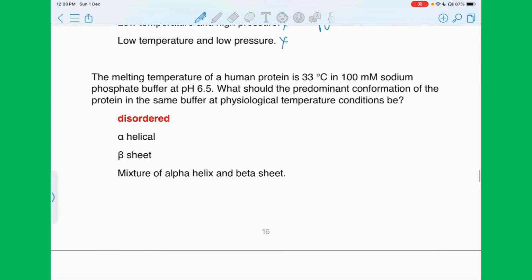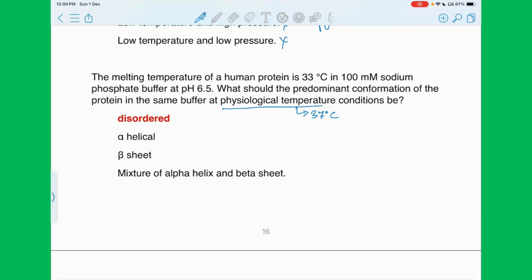The melting temperature of a human protein is 33 degrees centigrade. In 100 millimolar sodium phosphate buffer at pH 6.5, what should be the predominant conformation of the protein in the same buffer at physiological temperature conditions? Let's check what the physiological temperature is. The physiological temperature is 37 degrees centigrade.